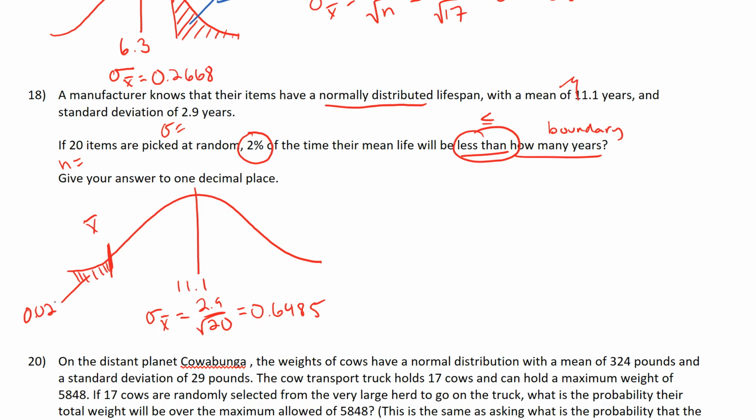So going back to our calculator, StatCrunch is going to give us this answer. Basically we're trying to figure out what this boundary is, this unknown variable here, that when I find the probability of getting less than it, it's 0.02. So going into StatCrunch, we just need to put in the 0.02 on the right side, and it'll fill in the boundary on the left side inside the probability statement.